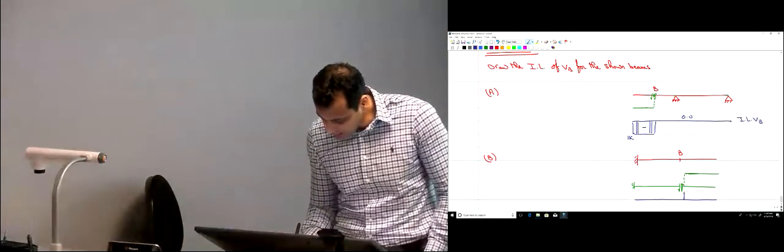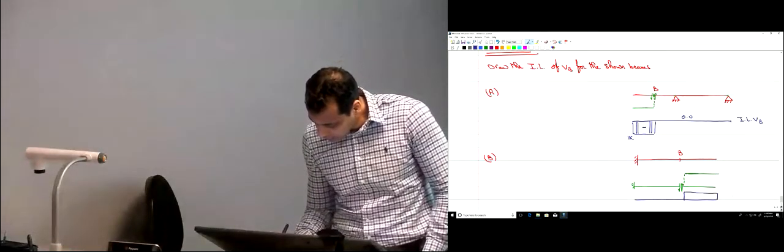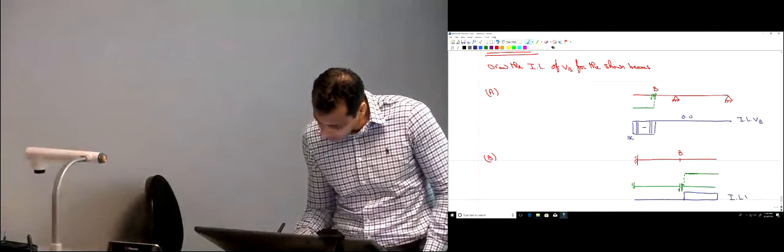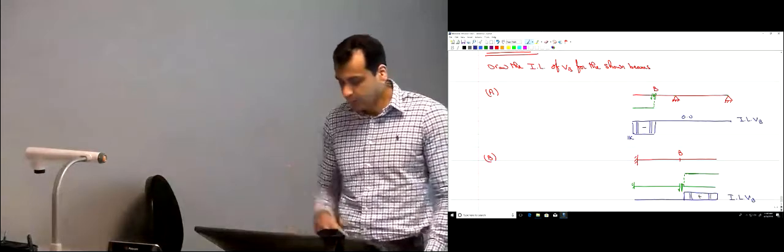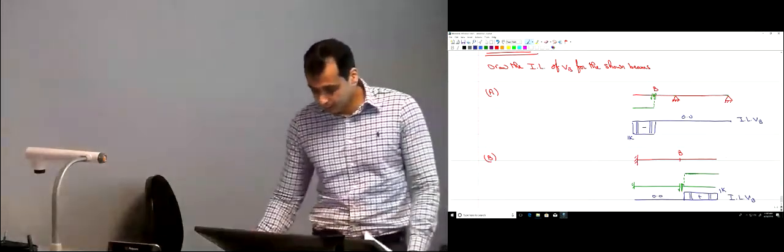So what's this? This is the displaced shape, and this is the same as the influence line for VB. It's positive, moved up. It's 1, and here it's 0. That means that if the load is on the left of point B, the shear at B is 0.